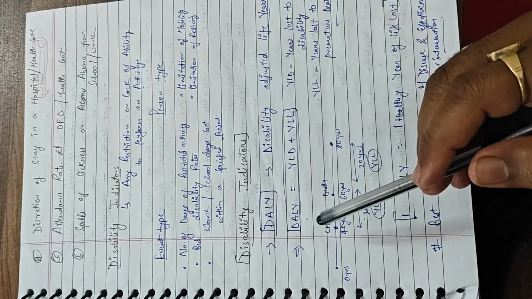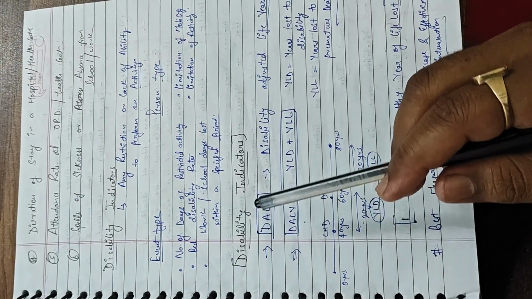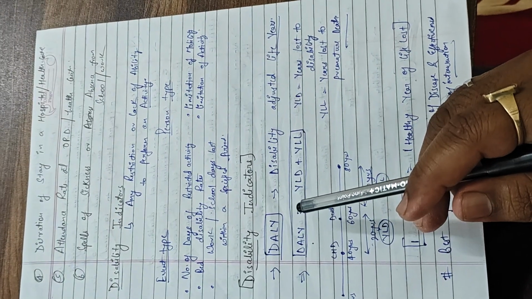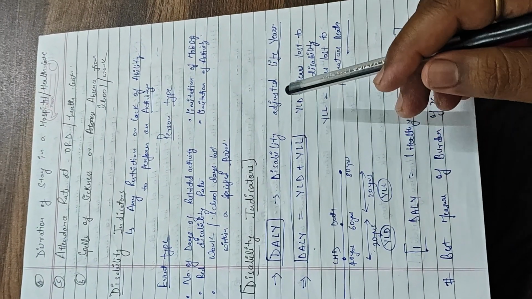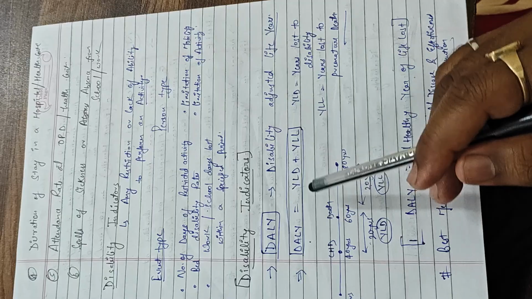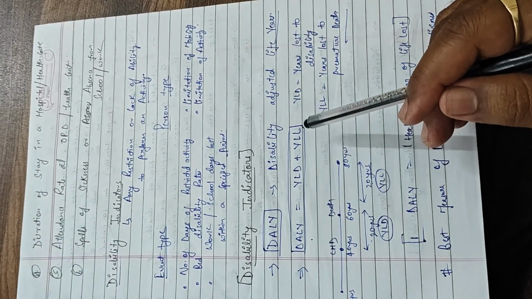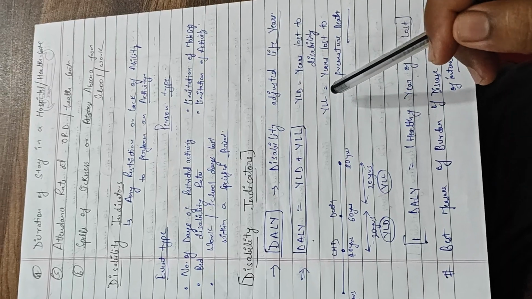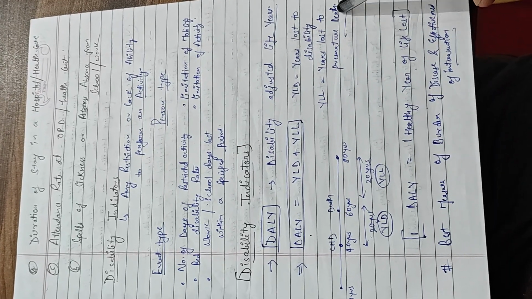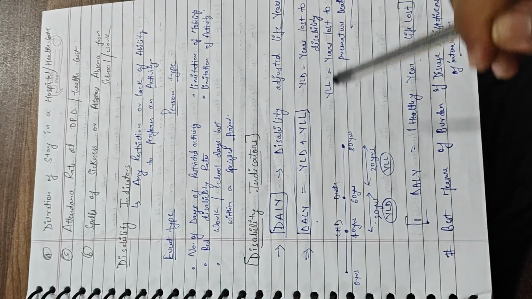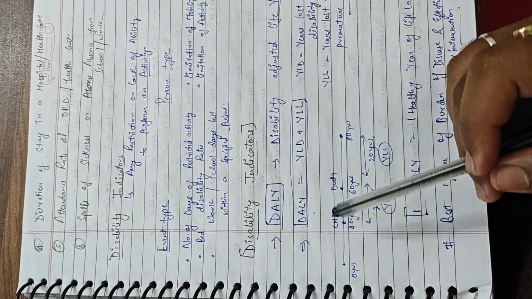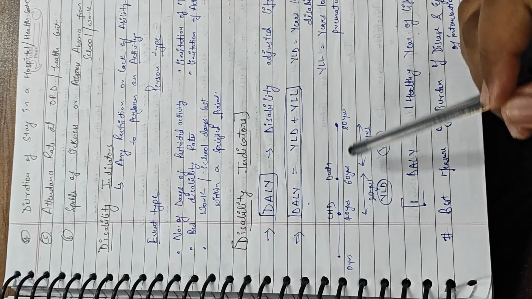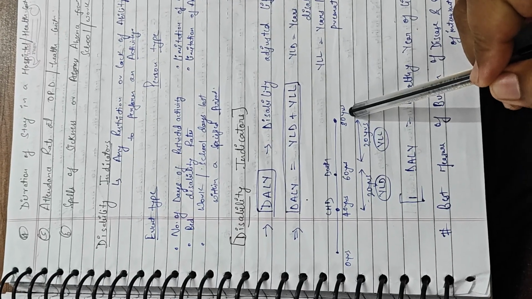Now, the different disability indicators, such as DALY, which is disability adjusted life years. It is YLD plus YLL. YLD means years lost to disability and YLL means years lost to premature death. Now let's understand. Suppose there is a person whose average lifespan is taken as 0 to 80 years.